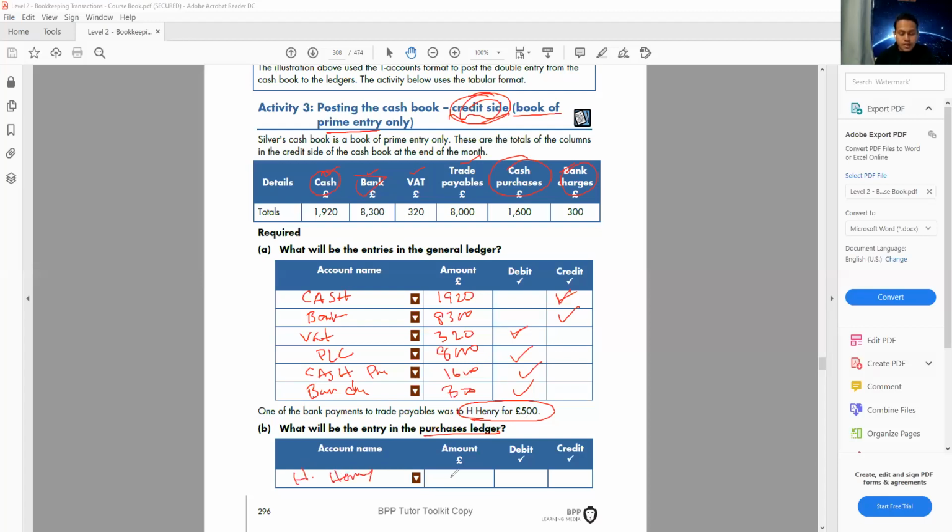And I'm going to write 500. And I'm going to make him debit or credit. I paid him 500. He was my liability. I'm going to make him debit. Very well done, because I paid him, so my liability will go down. That's my debit. Very well done. So move to the next one.